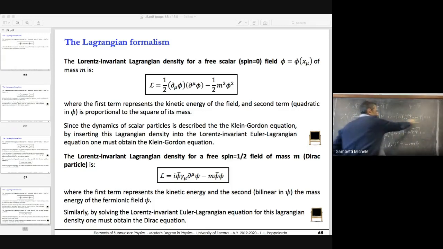This is now our Euler equation, which we can write as (i γ^μ ∂_μ minus m) ψ equal to 0, and so this is clearly the Dirac equation.